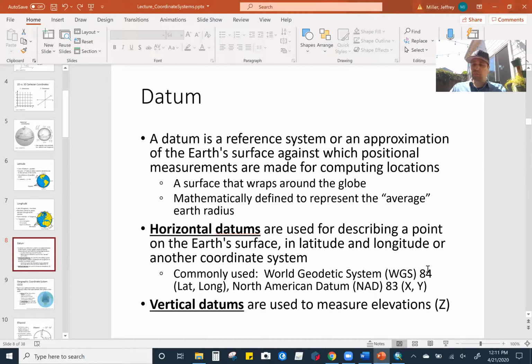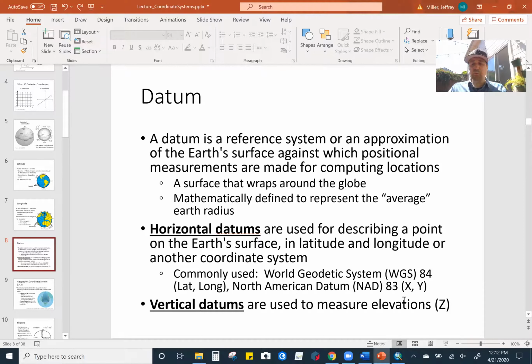These are just some common horizontal datums just to throw out there for you guys. If you see WGS 84, that would be known as the World Geodetic System, which is spherical coordinates. And then North American Datum 83 is going to be known as what's called projected, which is more XY kind of designations. But like I said, I'll explain this stuff.